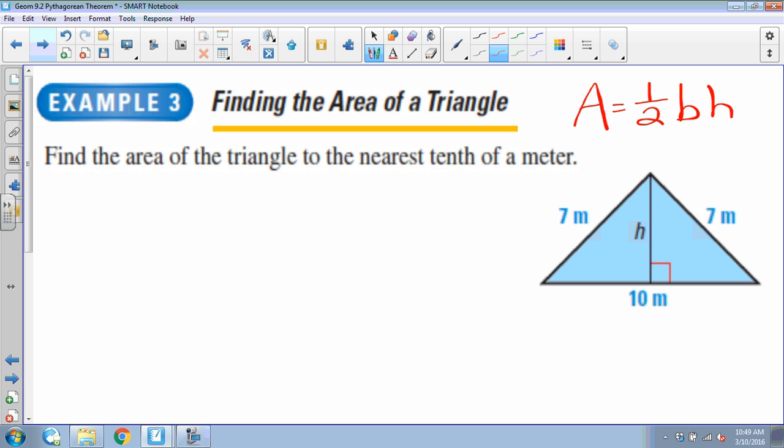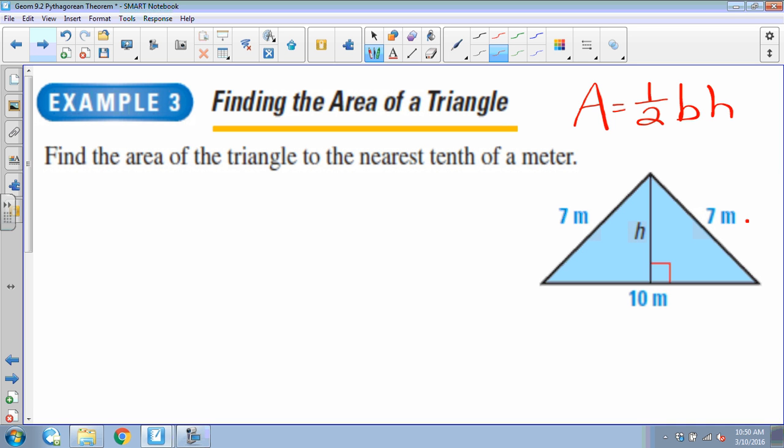So when we look at this problem, we see that these two sides are equal. What kind of triangle is the big one? Isosceles, right? First of all, what are we missing here to find the area? We're missing the height, correct?